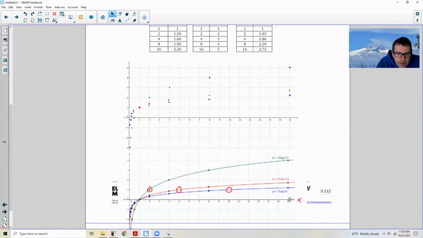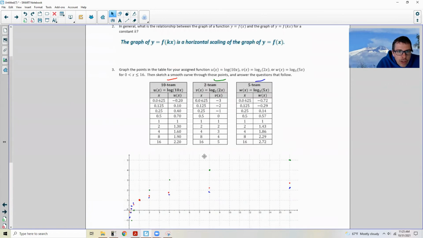Okay, and this 16 was 1.20, now it's 2.20. There we go. 8, 0.9 is now 8, 1.9. So these were all shifted up 1. That's all it was, a shift up 1. When we multiply the argument by a constant that equals our base, it shifts the whole function up 1.